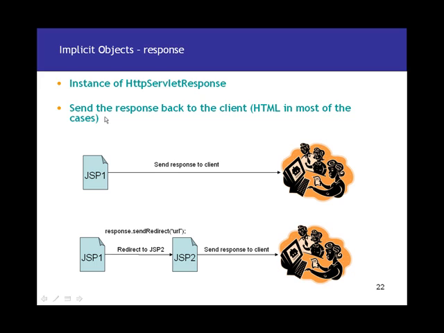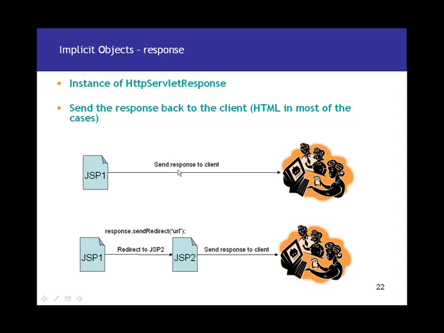You can send a jar file to a client, you can send an Excel spreadsheet, you can send an image, you can send a movie, and a lot of other things, right? And in order to send all these different types of files to the end client, you should use the response implicit object.